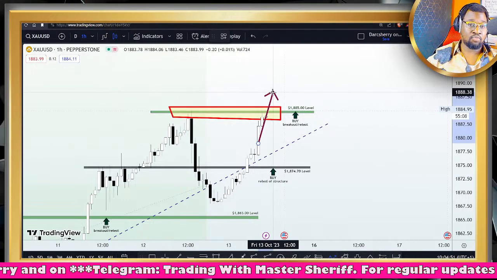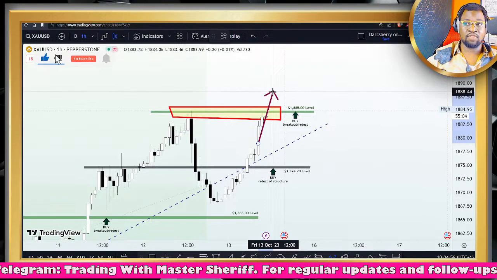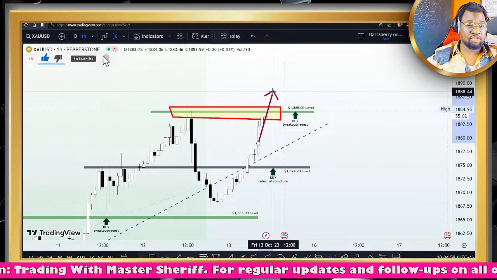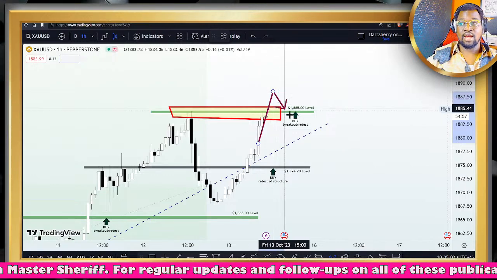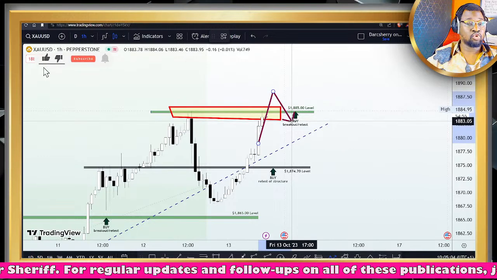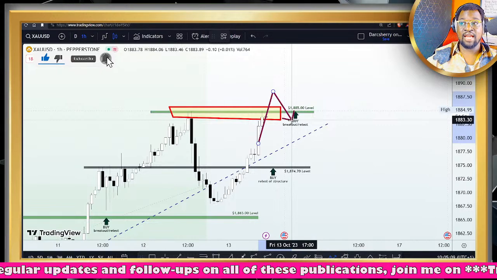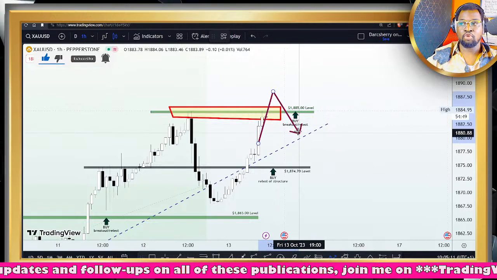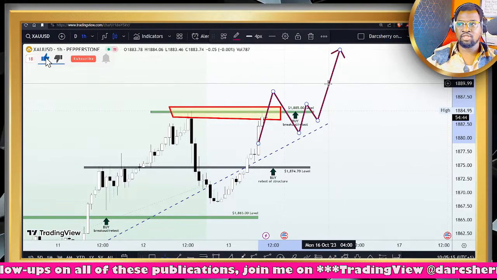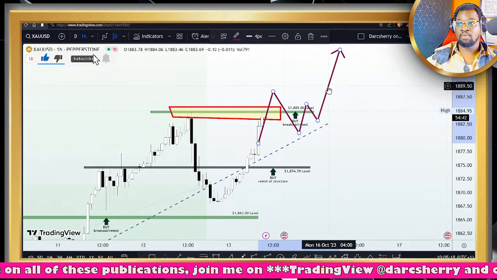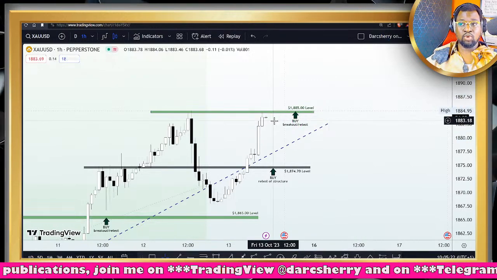That is for those who are profitable so far. If you have been part of this profitable journey since the beginning of the week, you can afford to leverage on some of the profit you had made by placing a buy stop order above the structure. And for those who are joining for the first time, you want to be waiting for confirmations like a retest of structure or retest of this ascending trend line to incite an uptrend situation, after which you want to be part of that move. So that is one scenario we are looking at here.